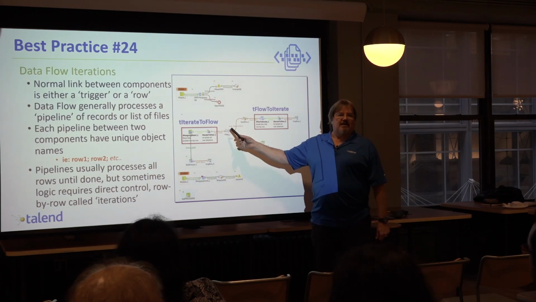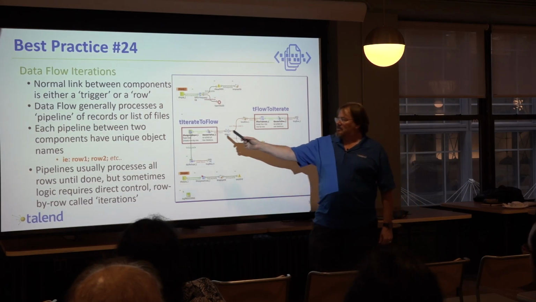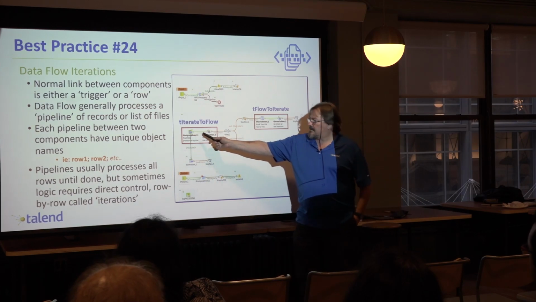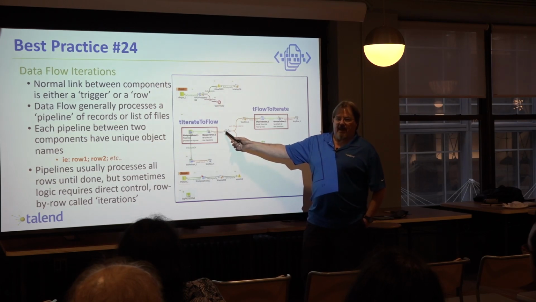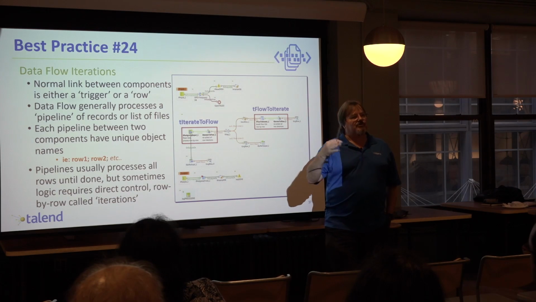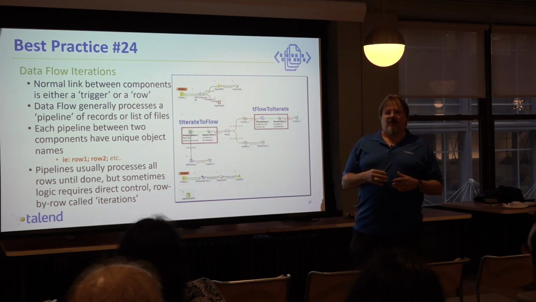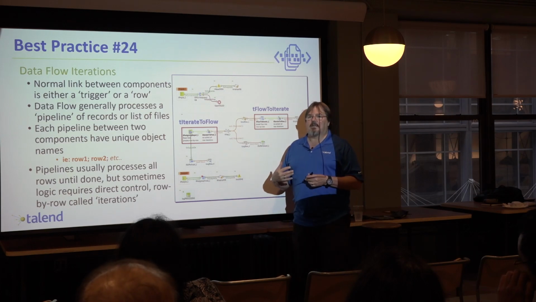Because tMap doesn't let you link up an iterate trigger. So you need to take the data, let's say it's 100 rows, you process it through row by row, one row is fed to the tMap. But you need the iterate to flow component in order to naturalize the Java code underneath to process it properly so the tMap can actually accept that record.